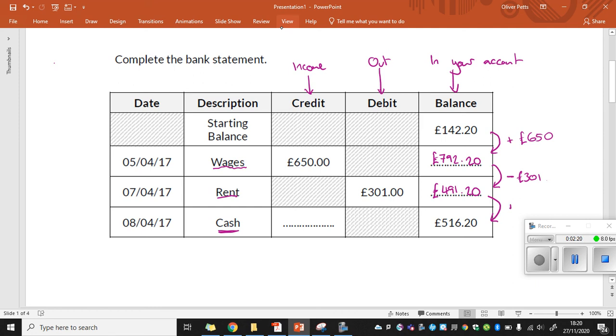Well, it has gone up by, just doing a little bit of maths, £25. The amount of pence has stayed the same, which means that the missing value in here is £25 in cash. So this could be someone just going to the bank and just depositing £25 in cash so it can go straight into their account. So those are the three missing numbers for the bank statement.